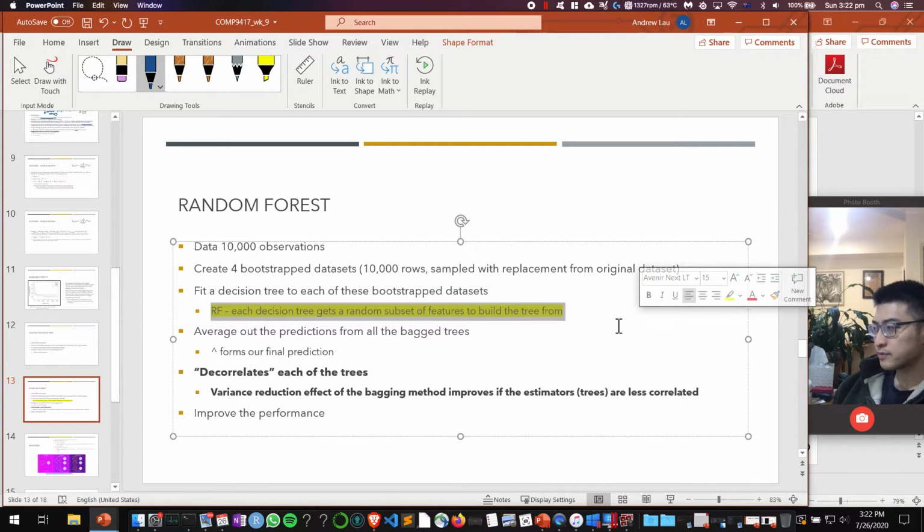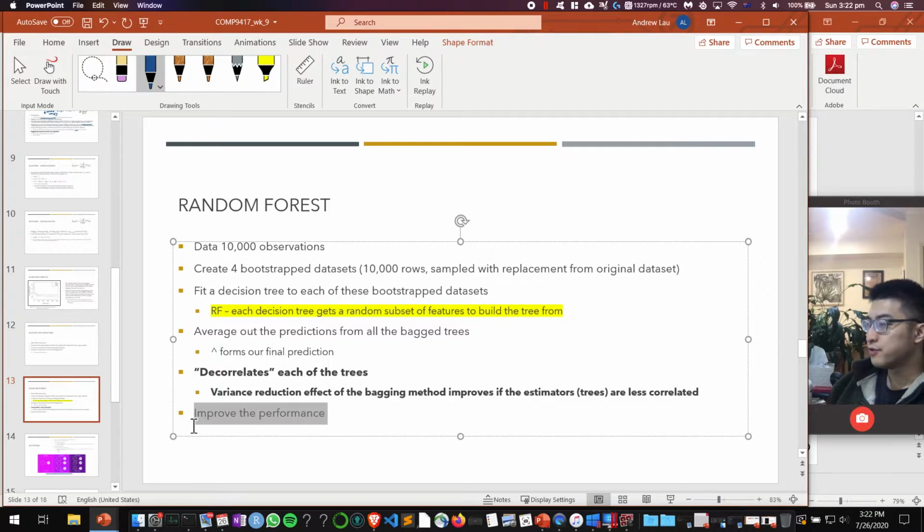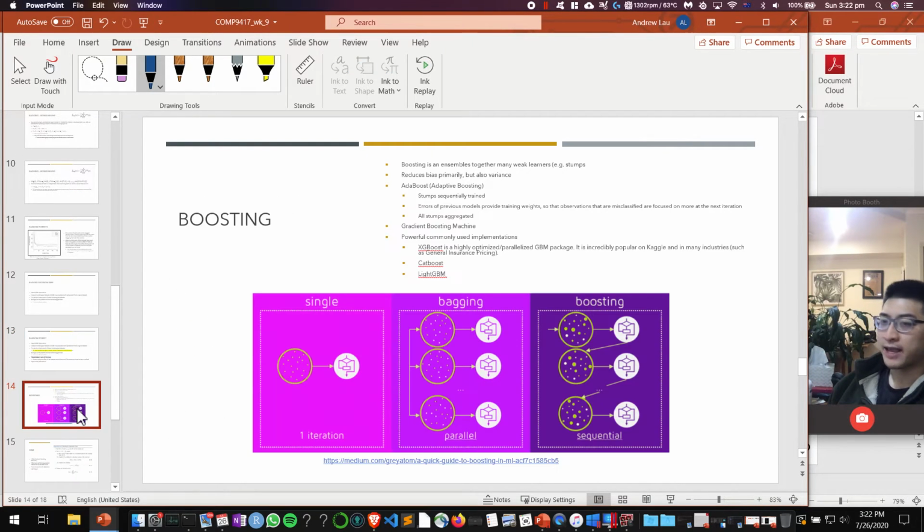When you give them each a random subset of features, they're less likely to be similar, hence decorrelating the decision trees. Hence the variance reduction effect from bagging is improved, and often it will improve the performance compared to your bagging.